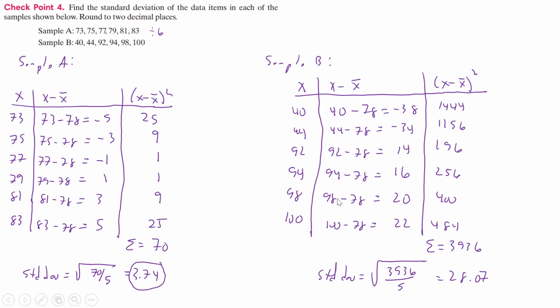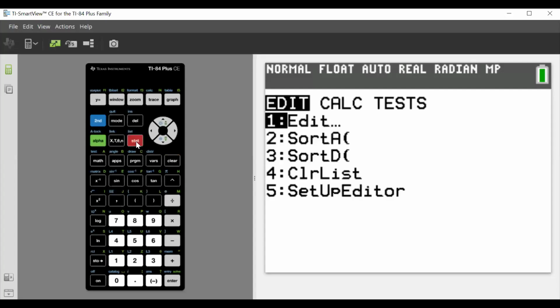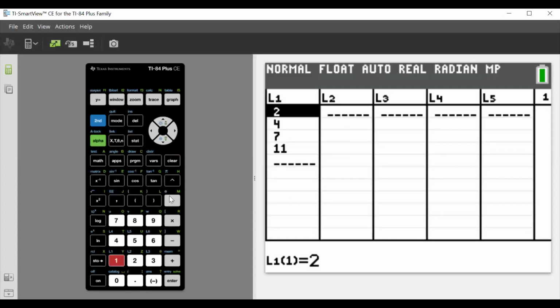Okay, so now we know we can do it longhand by table. So now let's do the calculator. All right, so let's clear all that out. So let's go back to stat. We want number 1 for edit. Now let's clear these out. Okay, so that's gone. So our numbers were 73, and then we had 75, then 77, then 79, then 81, and then 83.